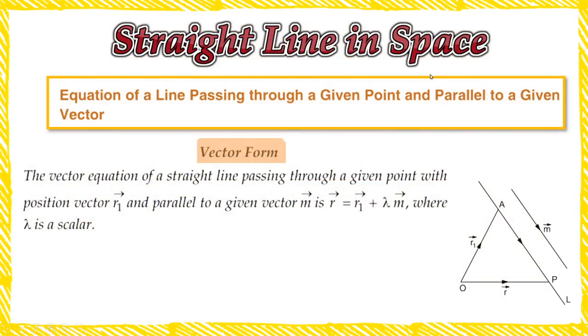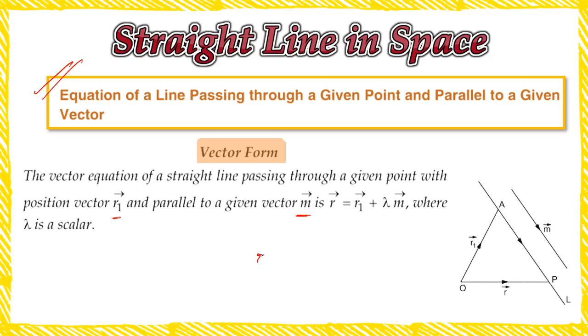Now let's talk about straight line in space. Equation of a line passing through a given point and parallel to a given vector. We have to study two cases. First case is this, and another case is equation of a line passing through two given points. Right? So the vector equation of a straight line passing through a given point with the position vector r1, and parallel to a given vector m, will be r is equal to r1 plus lambda times m.